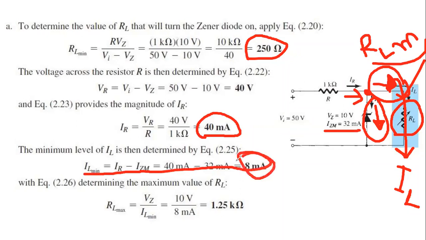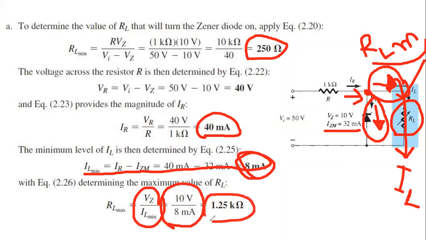So the minimum current that is flowing through this RL is 8 milliampere. On that condition, that will be the maximum resistance for RL. Now we can find out, we know the voltage is 10 volt. So 10 by 8, we get 1.25 kilo ohm. So that is the maximum resistance, my student, for the RL. Am I clear?